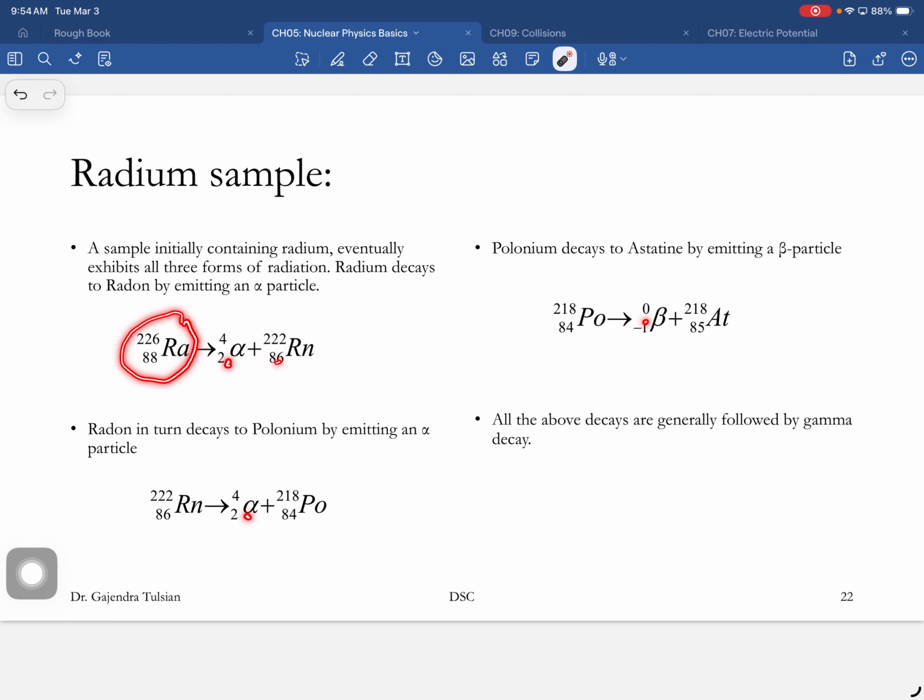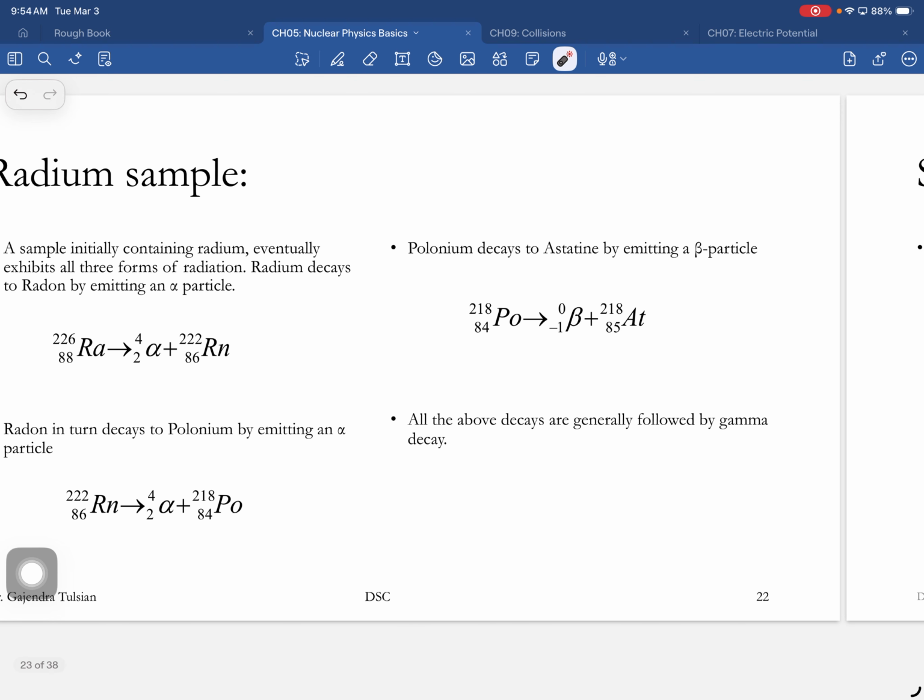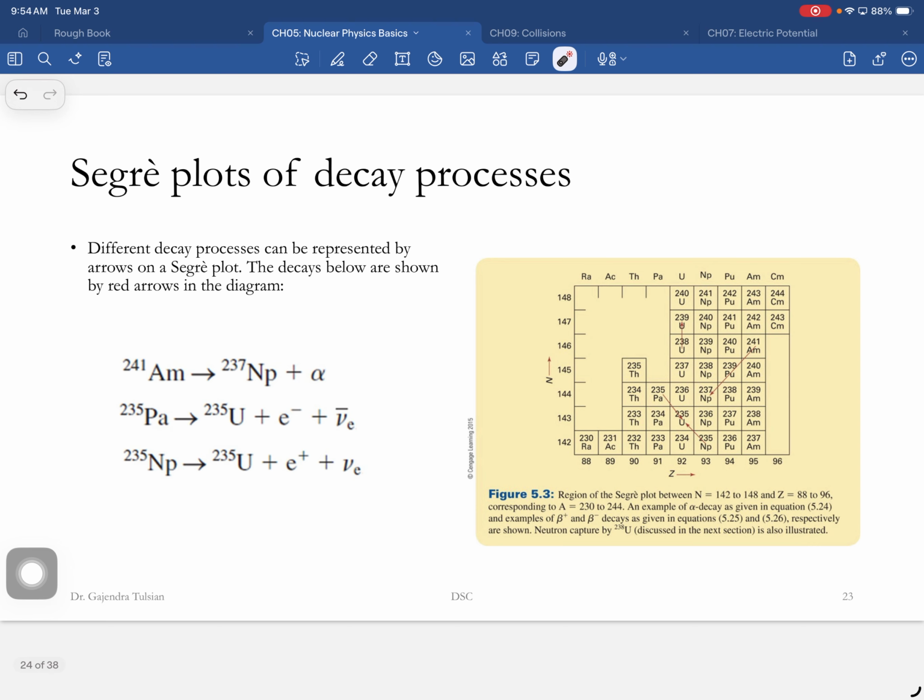So when you lose 2 protons, you went left and then you lost 2 neutrons. When you alpha decay this nucleus, you go down diagonally 2 units. There is the daughter nucleus. That's the result.